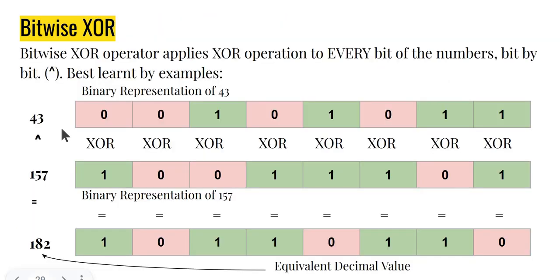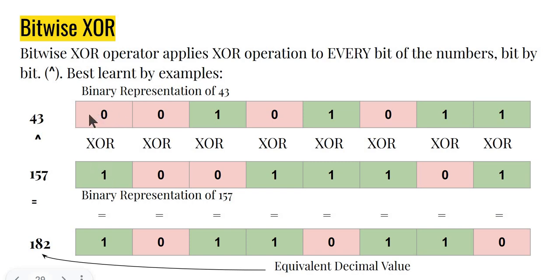So let's say I'm doing a bitwise XOR between 43 and 157. We have seen previously 43 is 00101011 and 157 is 10011101. Now XOR, remember, is an operator where I get 1 provided the two values being input are different.